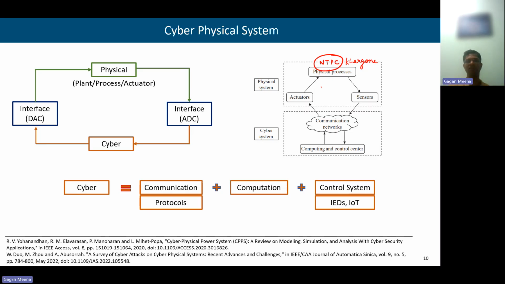Now there are different types of sensors available in the generator, which sense different physical quantities required to monitor the functioning of that particular physical element, the generator in this case.